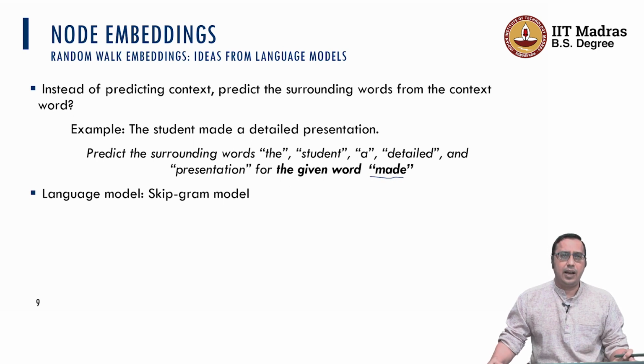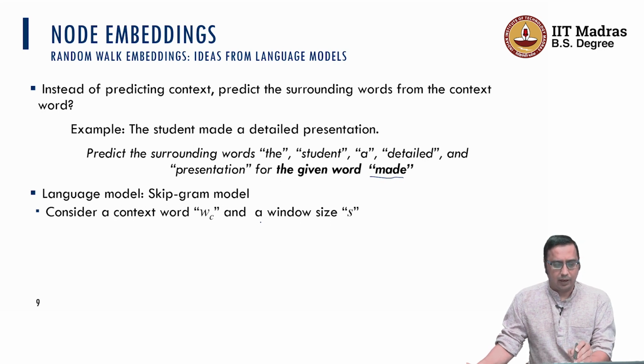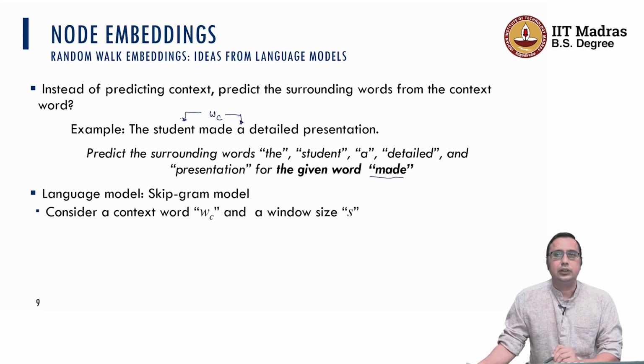And it appears that in language modeling, the skip-gram model does this same kind of task. What it does is it considers a context word, WC, and a window size of S. In other words, if I take made as my context word and look at a window size of 1, then I have these two: one word before made and one word after made.